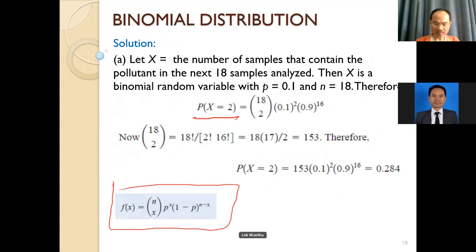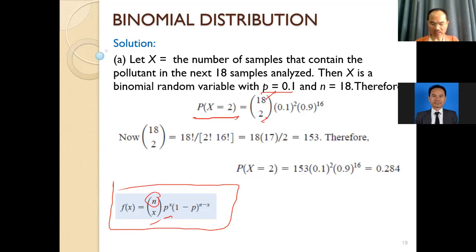The number of samples is 18, and x equals 2. P, the probability of containing the pollutant, is 10%, so P equals 0.1. Probability is only between 0 and 1, so you divide the percent by 100. So p equals 0.1, x equals 2, n equals 18.